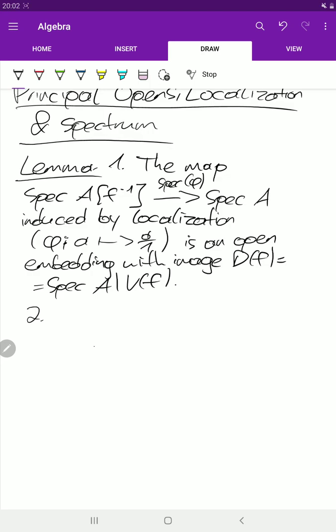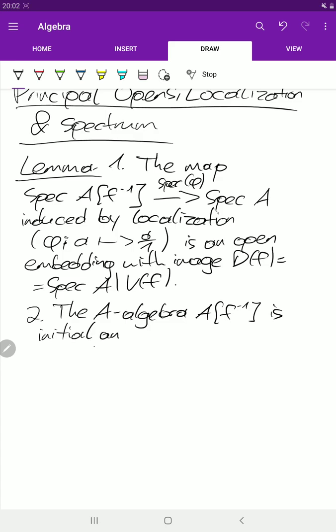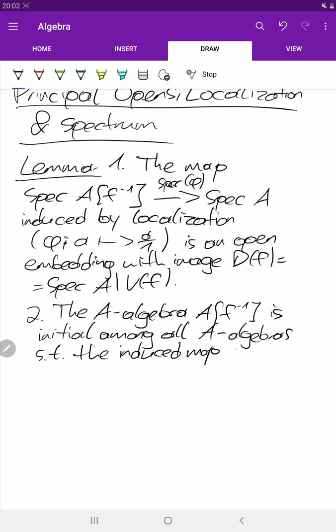And the second claim is that the A-algebra A localized at f is initial among all A-algebras B such that the induced map from Spec B to Spec A, so induced map means we have a map from A to B, so we also get a map from Spec B to Spec A, factors over this principal open subset.